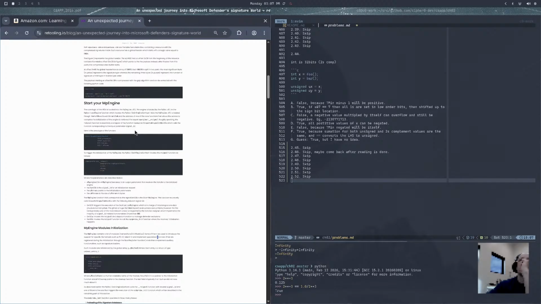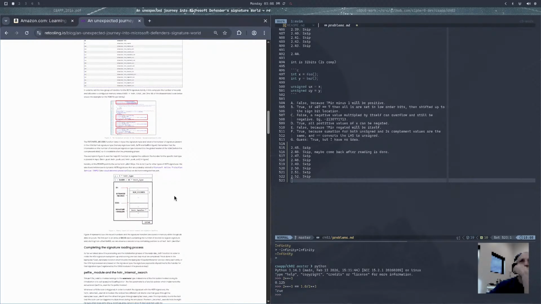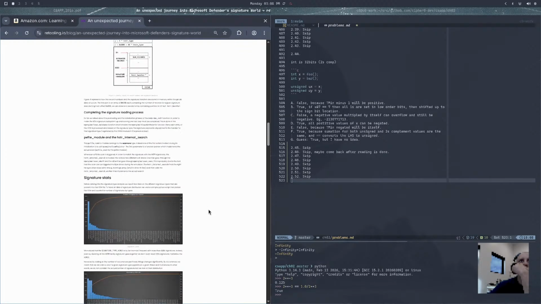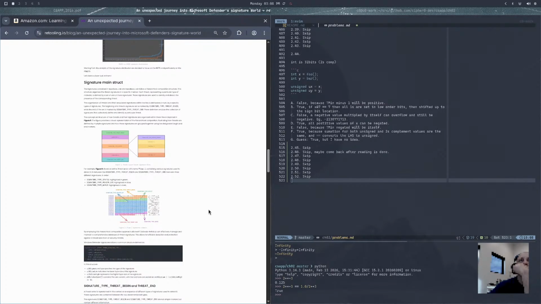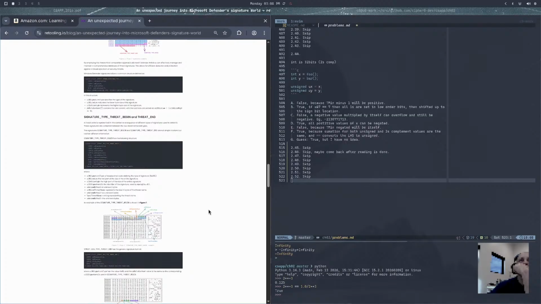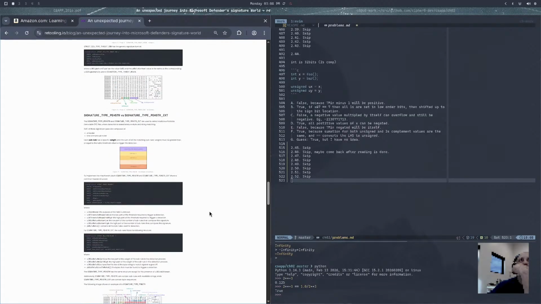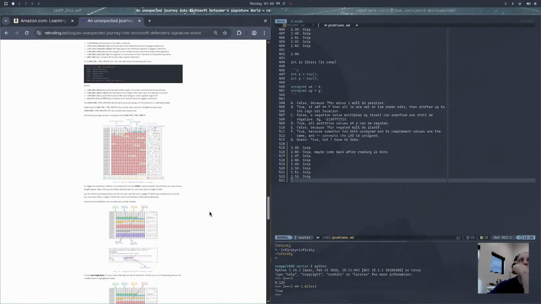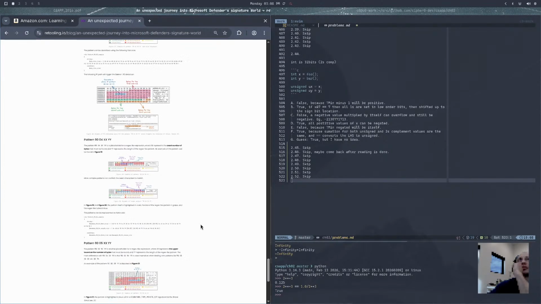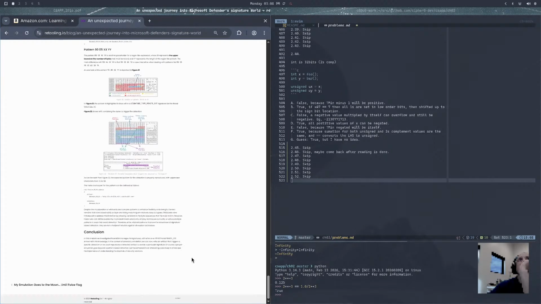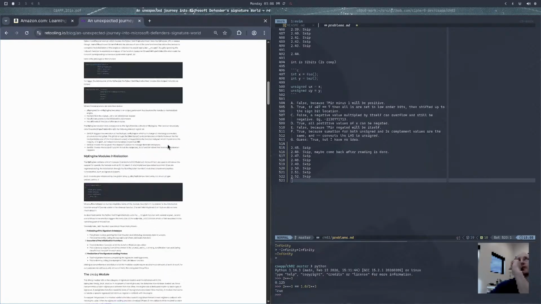Oh, is that the repo? Yeah, they're doing a lot of binary analysis here. This looks fun.